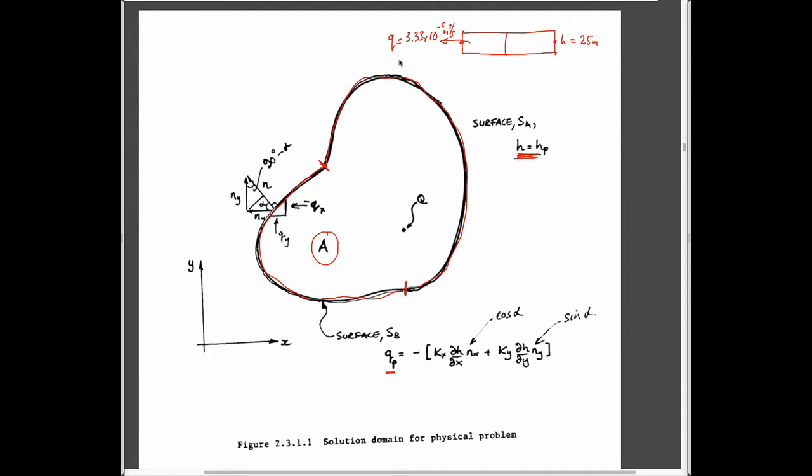I think that was the number that we calculated for the flux. And so if we applied the flux here instead of a head, we'd actually get the right head value, because it's the same problem that we're solving.